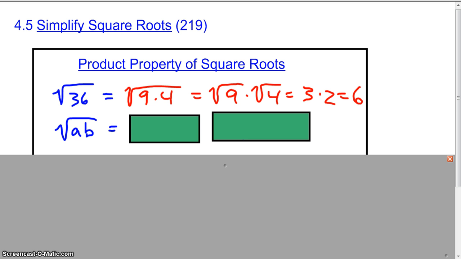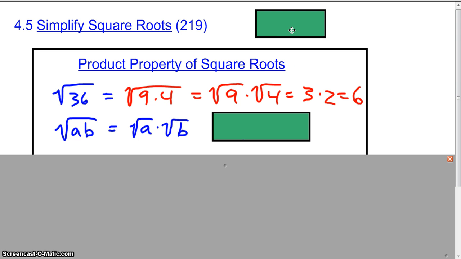Okay, so in the form of a rule, we're going to use variables, right? So how can you show the product property using square root of AB? How can we show the product property with that? Chris? Okay, so he's saying the square root of A times the square root of B. He said with the thingy over it, he means the radical, right?